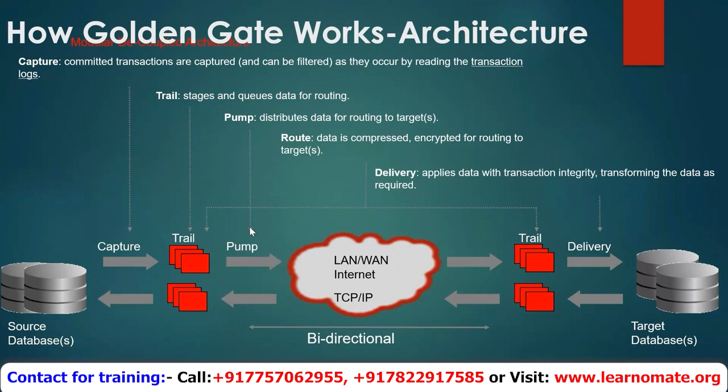The distribution server sends the data over the TCP/IP network. The distribution server has replaced the classic architecture data pump process. So remember, in microservices architecture, the data pump no longer exists.